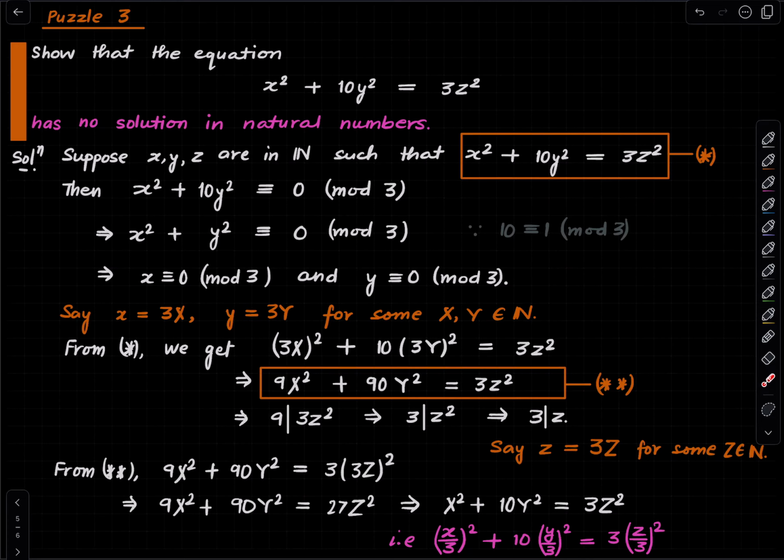I think I've said it in the best possible way I can. So we have a contradiction, and therefore the assumption that you can find natural numbers satisfying star is false. You can't. You would have to find smaller and smaller and smaller solutions, but you can't, because in natural numbers you can't go arbitrarily small.